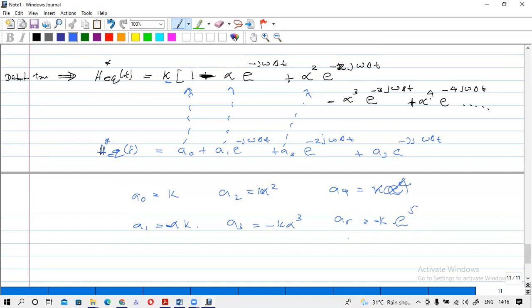So I can go up to an, which is plus or minus k alpha to the power n; we don't know, it depends on the n value.